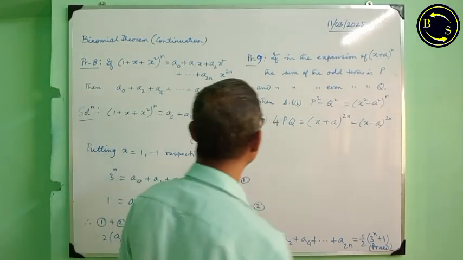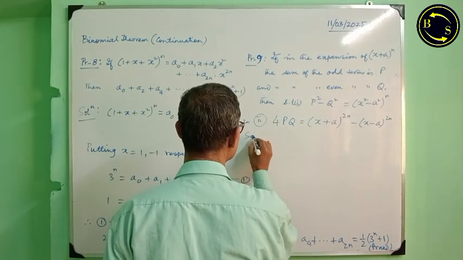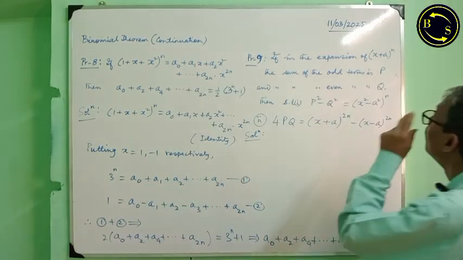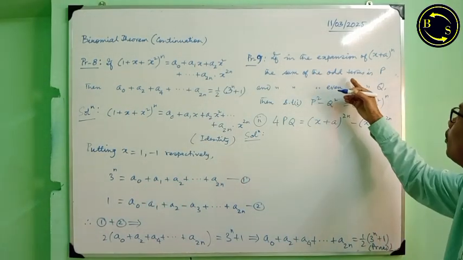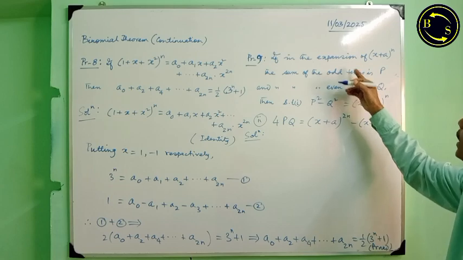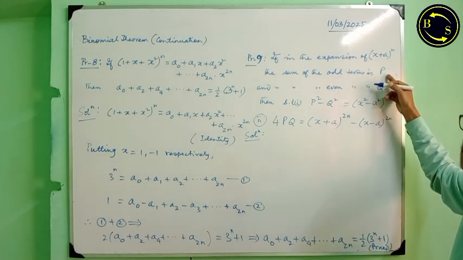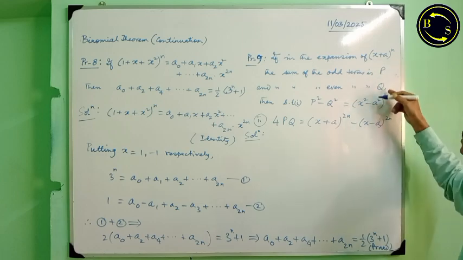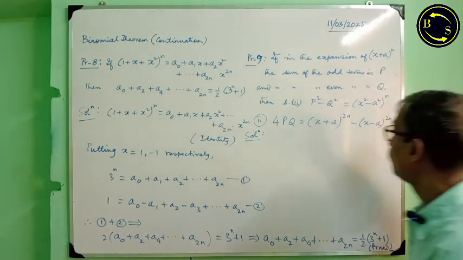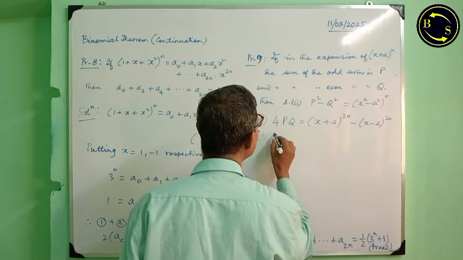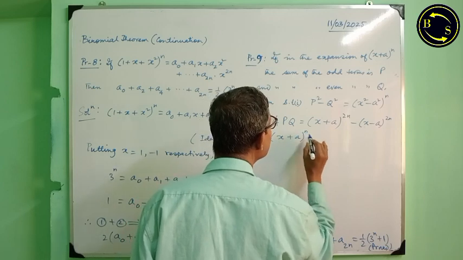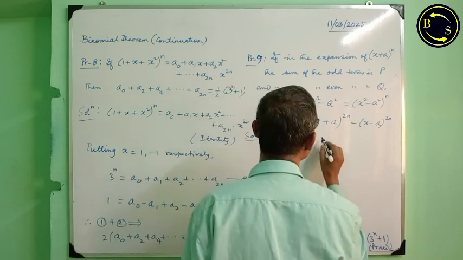Now, this one. Sum of the odd terms in the expansion of this is P. Sum of the even terms in the expansion of this is Q. Now, first we write that expansion first. What is that?